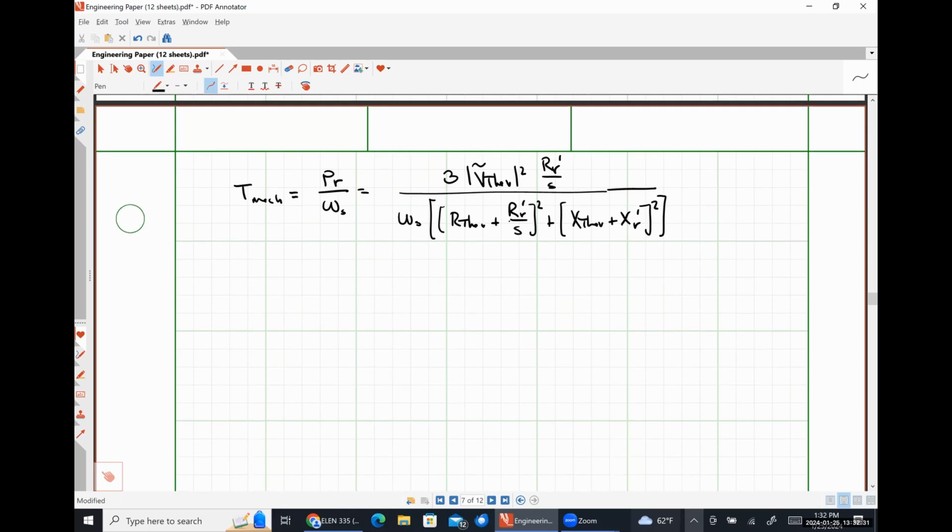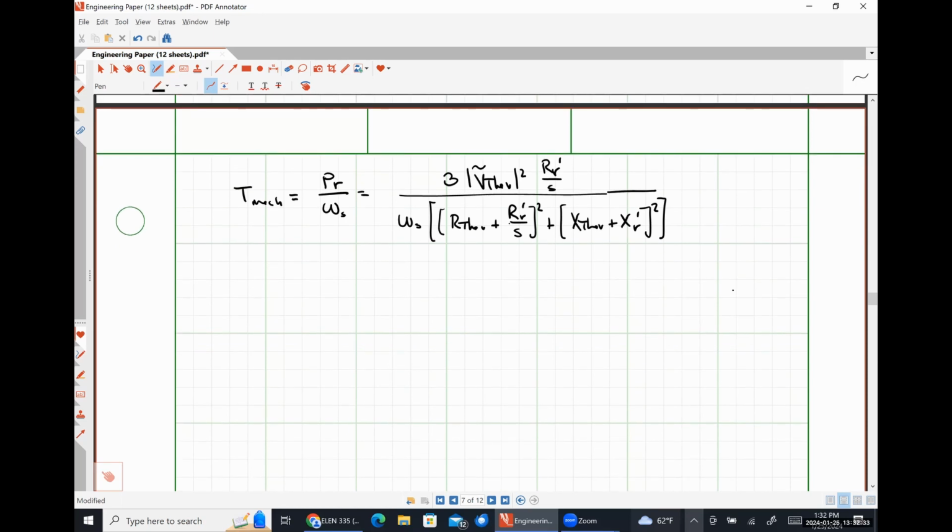So our starting torque, I'm going to write here, S is equal to 1, is literally just this expression, except that we get to get rid of all of the over S's because that's just 1. Right?